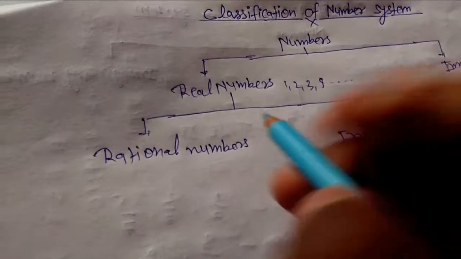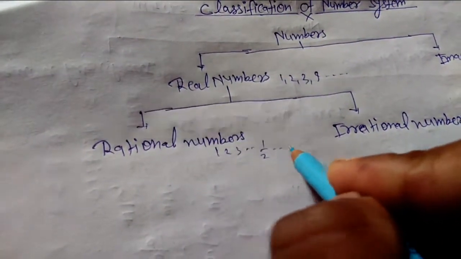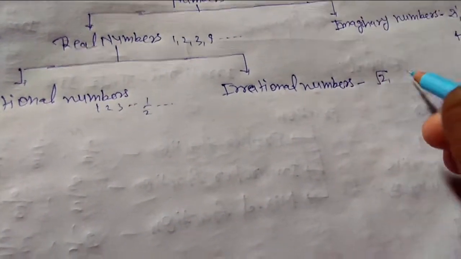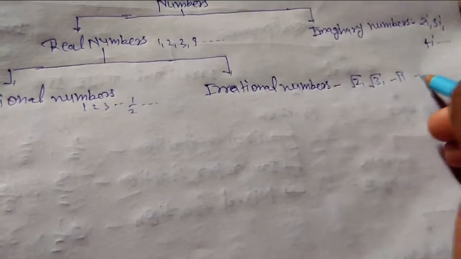Rational numbers are like 1, 2, 3 and 1 upon 2, and irrational numbers are like root 2, root 3, pi, etc.